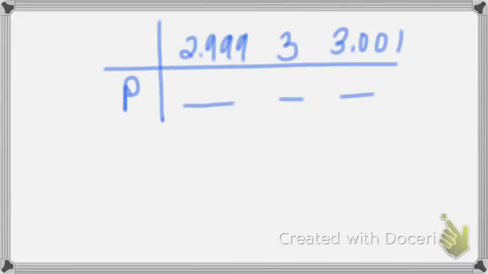We would find those populations. I'm not going to do the whole problem, but we would find the slope here, we would find the slope here, and then we would average those to estimate the rate of change at that time.